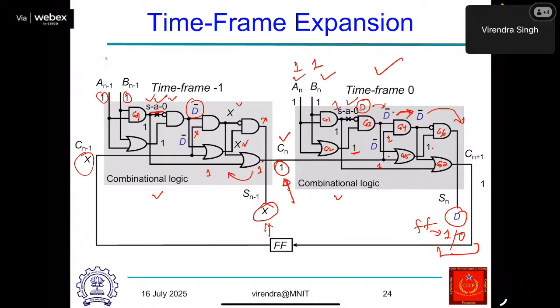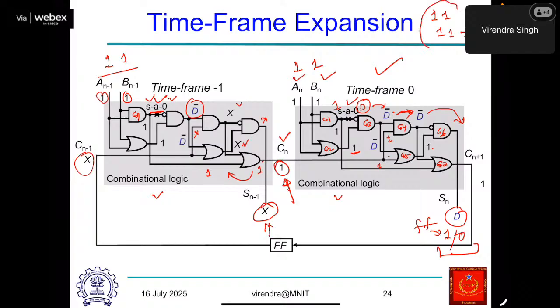So that means if I can apply a set of two vectors, first 1 1 followed by 1 1, and ignore the output of the circuit the first time but watch only the second time output: if output is 1, I will say it's a fault free circuit. If output is 0, this is a faulty circuit, right?